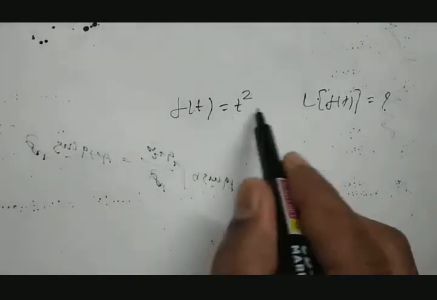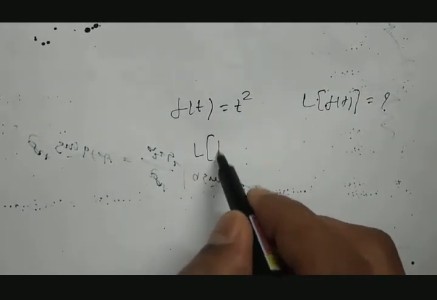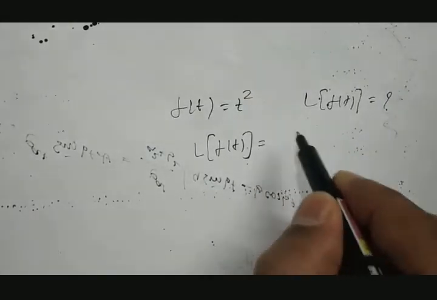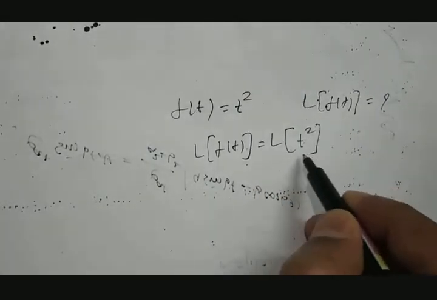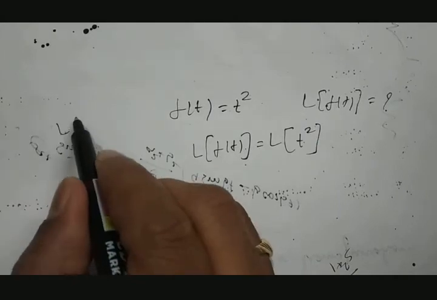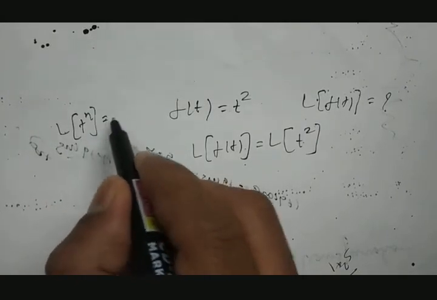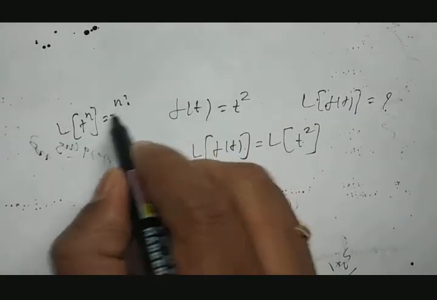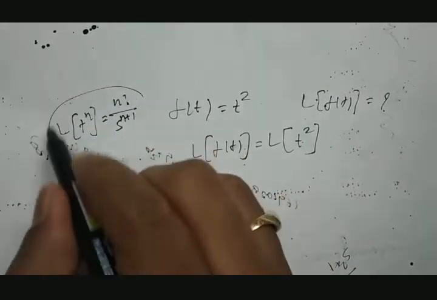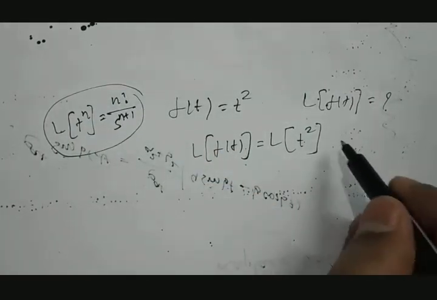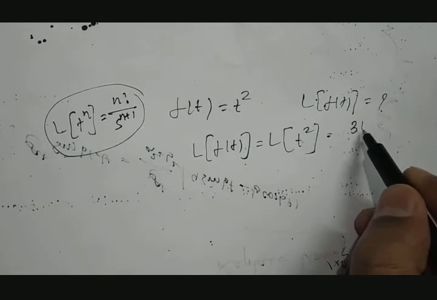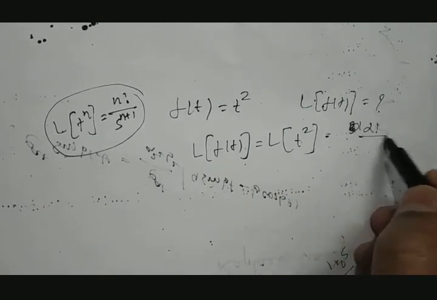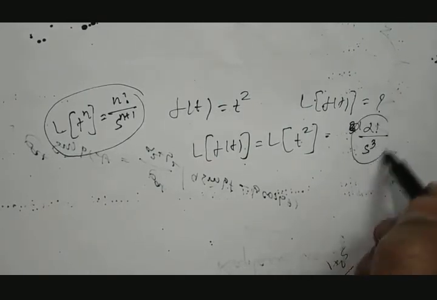Apply Laplace transform on both sides, then L of f of t is equal to L of t square. Since the Laplace transformation of t raised to n is n factorial divided by s raised to n plus 1, it becomes 2 factorial divided by s raised to 3.